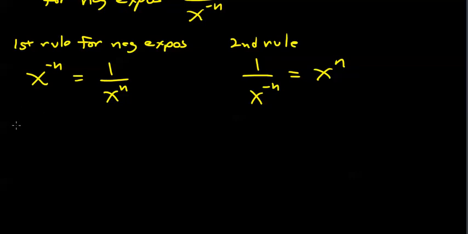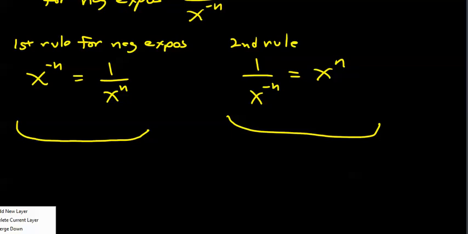Alright, so if I've got a negative exponent at my numerator level, I move it down to the denominator and change the exponent sign. And if I've got a negative exponent factor in my denominator, I move it up to the numerator as a factor and change that exponent sign. Alright, so those are our two rules for negative exponents. Let's do some examples.